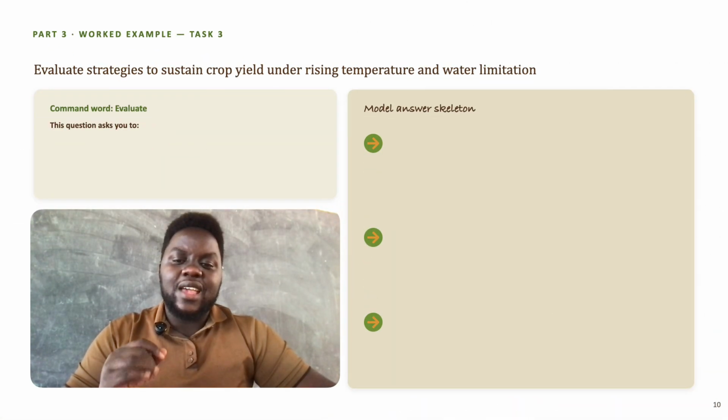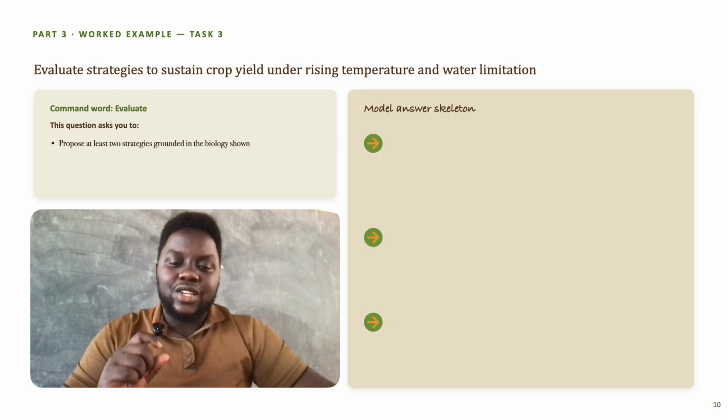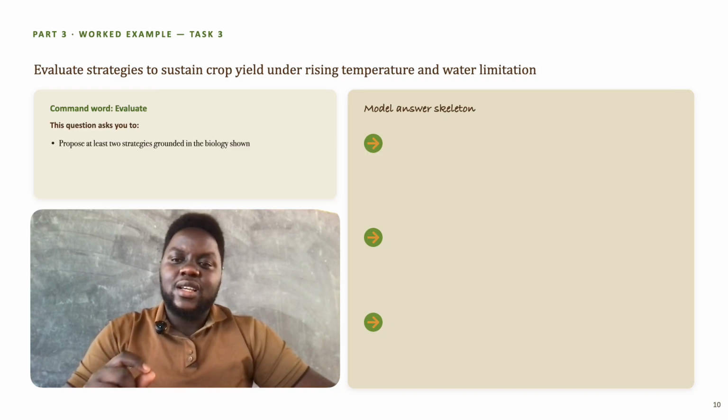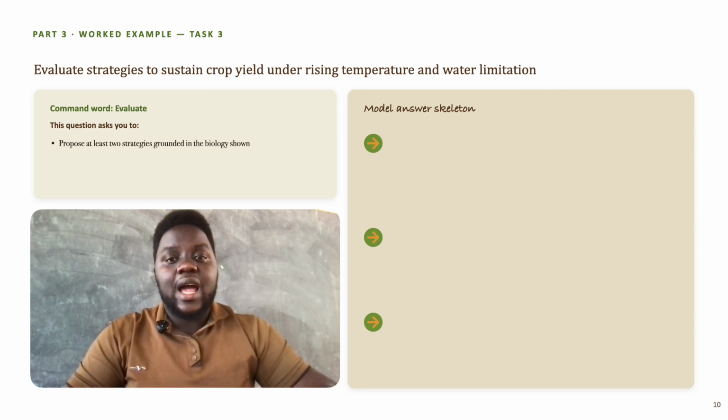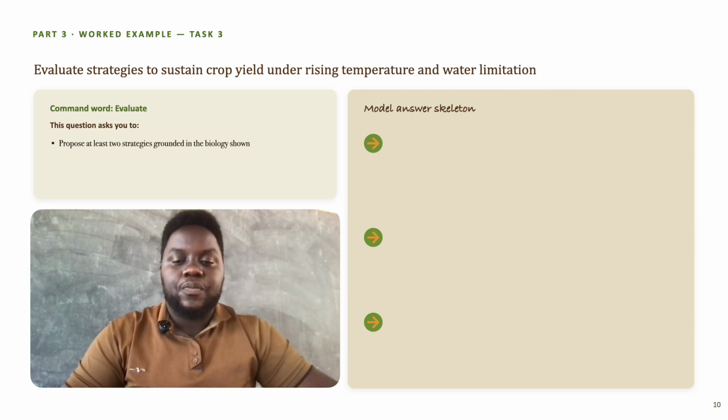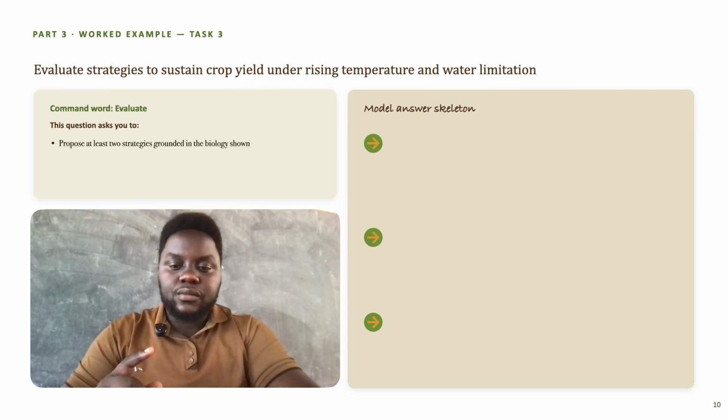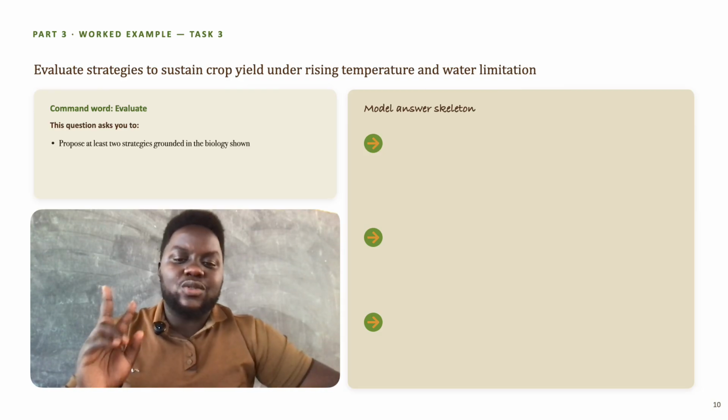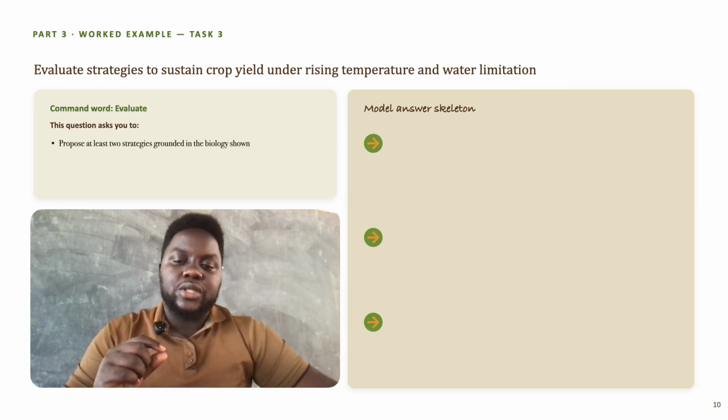This task says: evaluate strategies to sustain crop yield under rising temperatures and water limitations. This question wants you to list at least two strategies that are grounded in the biology we have already established.